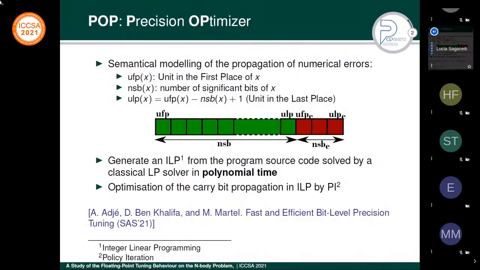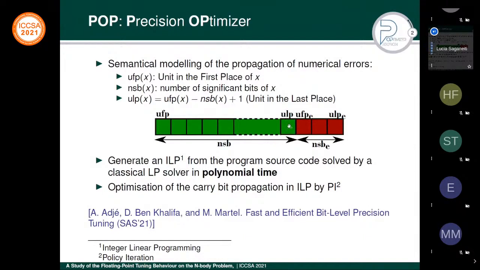So if we have a number x, our reasoning is on the unit in the first place of a number x, the UFP, and the number of significant bits of a number, the NSB.